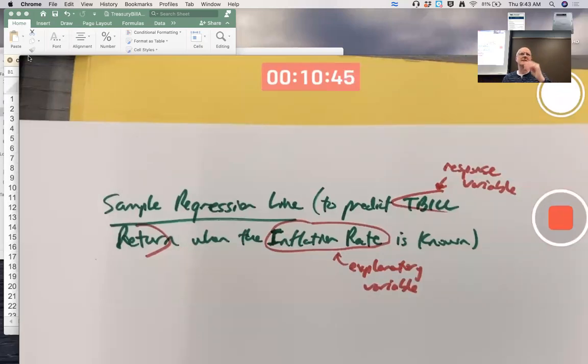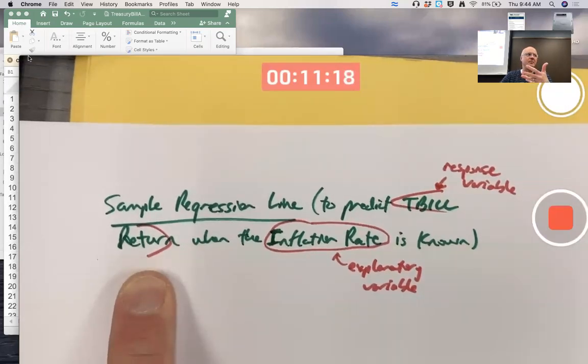Other interest rates respond to that. They also respond to inflation because of supply and demand. When the inflation rate is high, investors are going to demand a higher return to buy your investment, whether it's a bond or stocks or whatever. They're going to want higher returns to make up for the fact that inflation is so high. But there's also the fact that the Treasury raises sort of the prime interest rate, which causes mortgage rates to go up, which causes T-bill returns to go up.